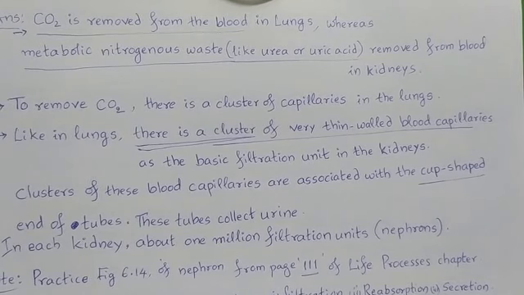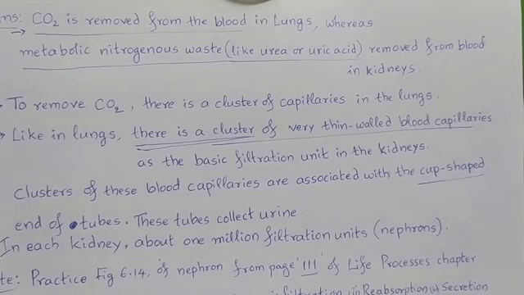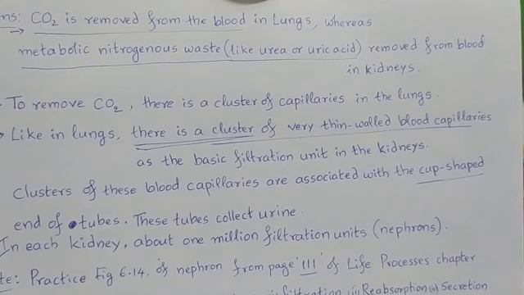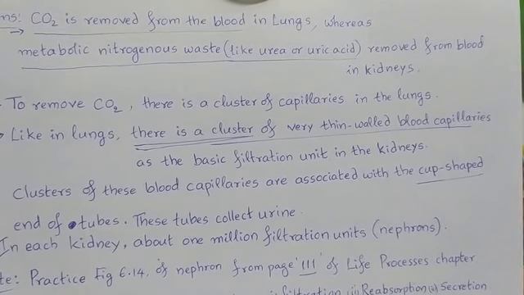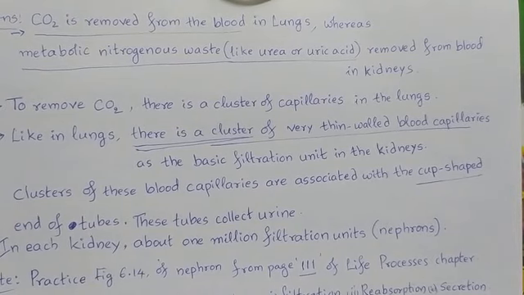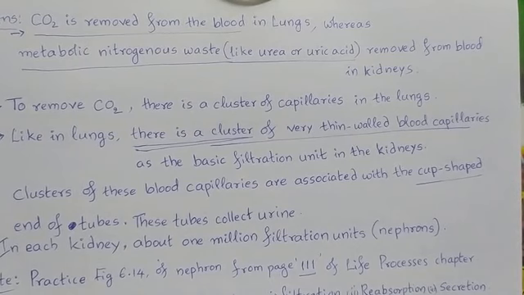So from blood capillaries, CO2 will diffuse into the alveoli. From alveoli, oxygen will diffuse into the blood capillaries. This is how CO2 is removed from blood capillaries into lungs.